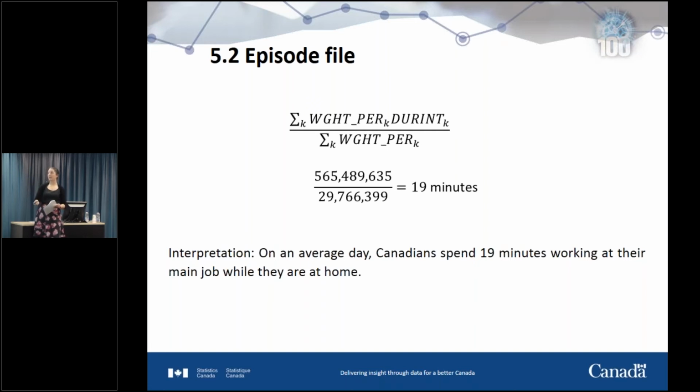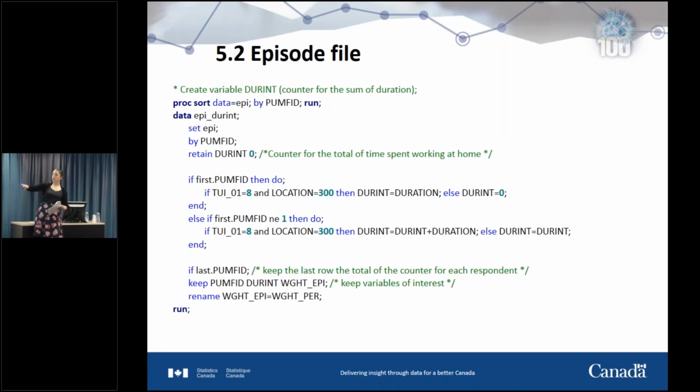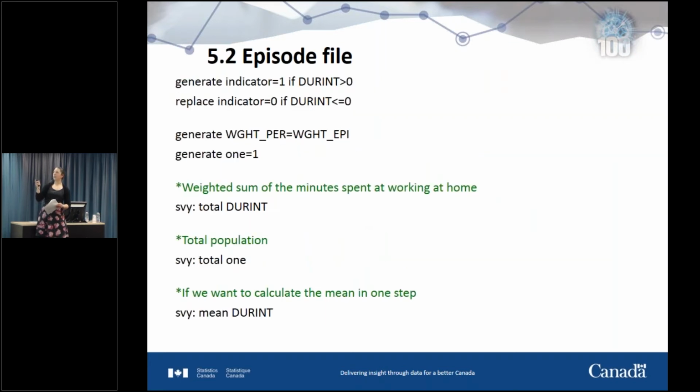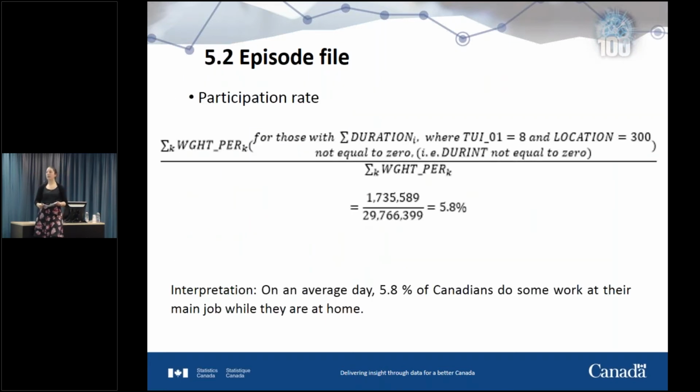So on an average day, Canadians spend 19 minutes working at their main job while they are at home. This seems really low, but maybe it is because we don't have a lot of Canadians working from home. We should have looked at the participation rate maybe before, and this is the average time in the population.